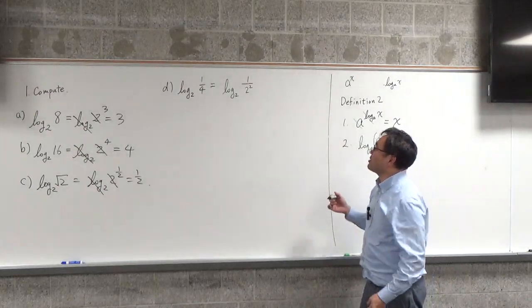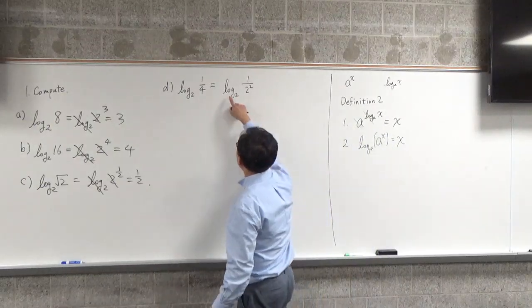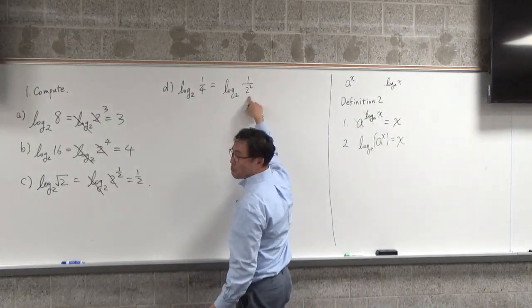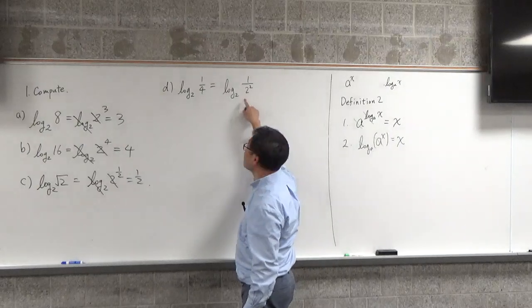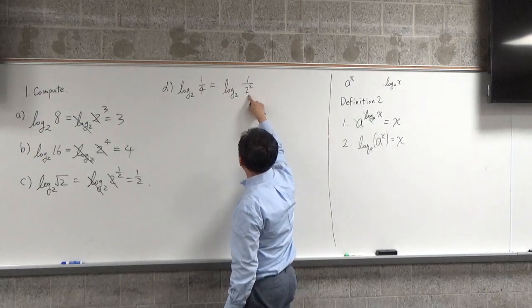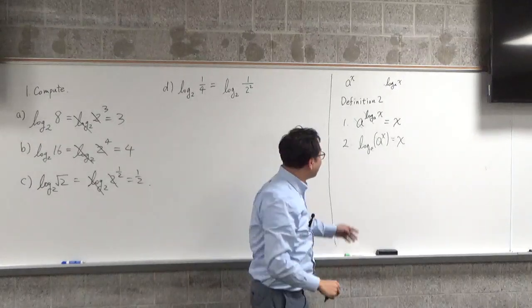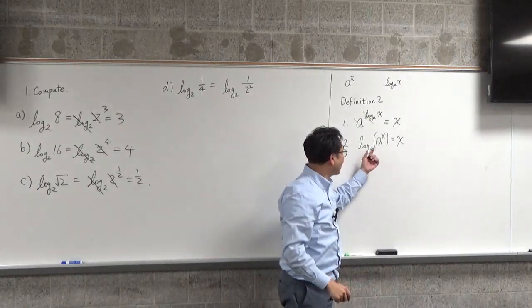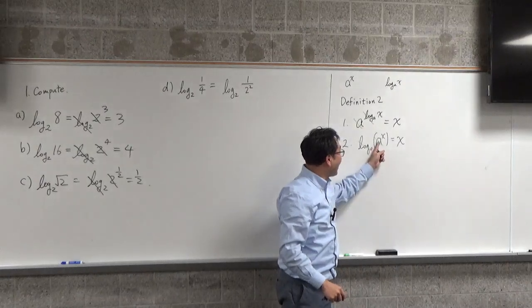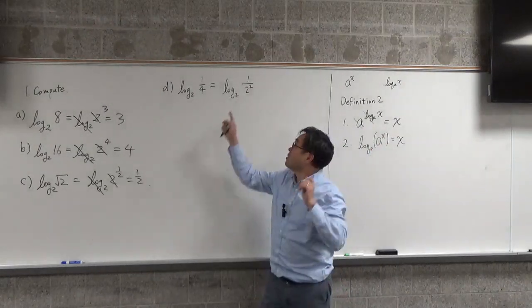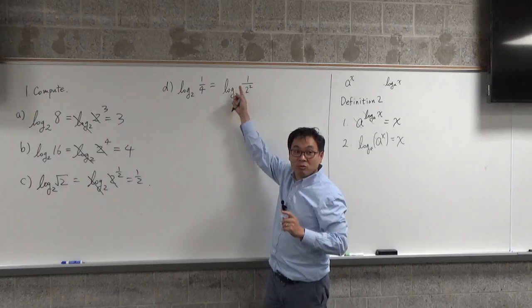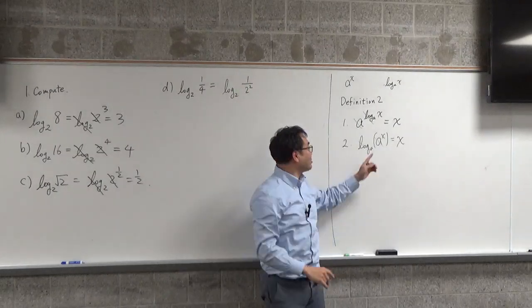Anyways, the thing is, you shouldn't be cancel happy. You shouldn't cancel just because you see the same number, because you can only cancel if it's exactly the same format: log base a of a to some power. This 1 over this extra part makes it not the same as this.